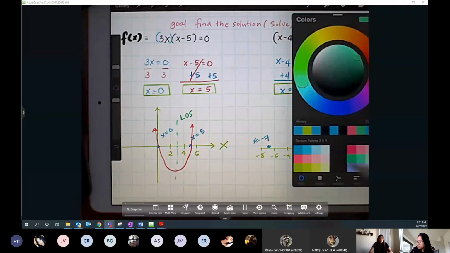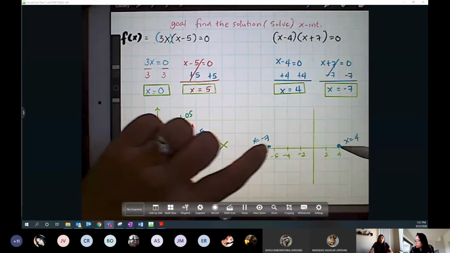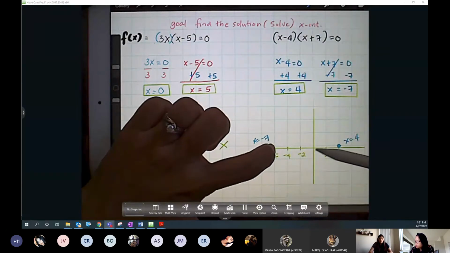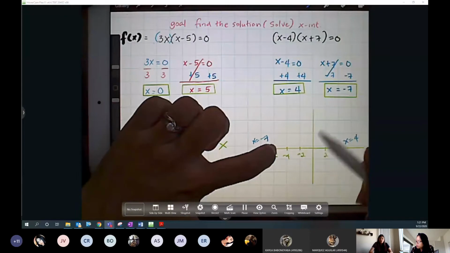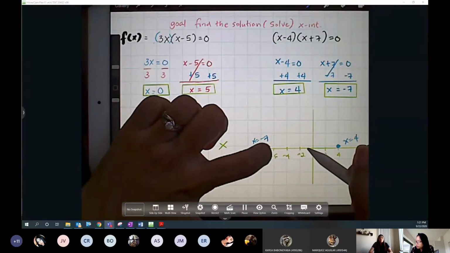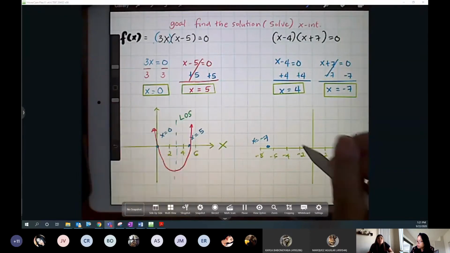Okay, then find the middle. There's a half. 1, 2, 3, 4, 5. Half of it would be 2.5. Plus we have the small one.